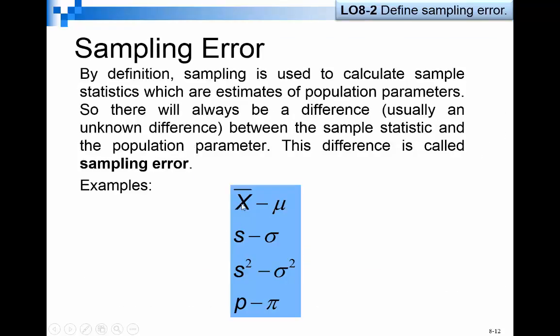And the difference, so bar X minus mu, is the sampling error.